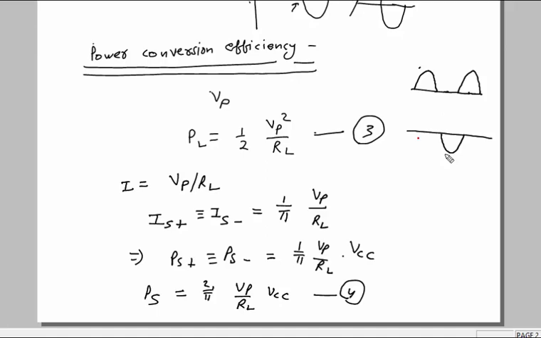Based on that, we have written I equals 1 by pi Vp by RL. Then we multiply this I with V and we get the power, and we double it to get the total power, because 1 by pi Vp by RL into VCC is the power from one supply, positive or negative. If we combine, we get the total supply power.